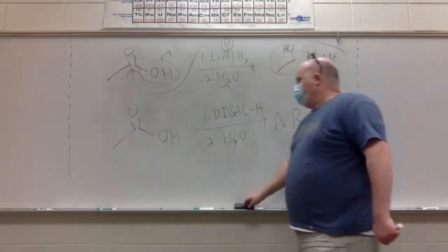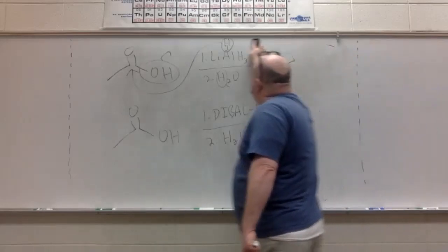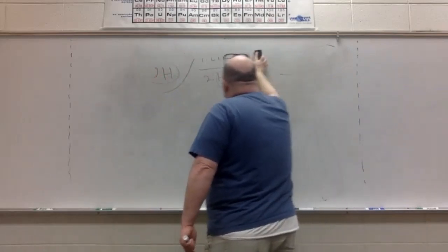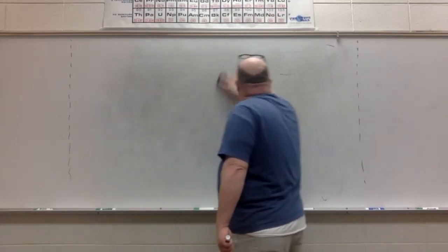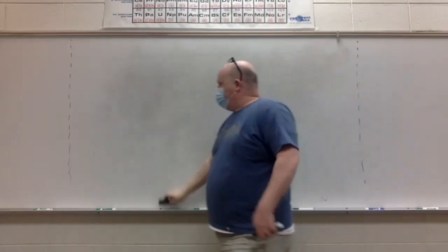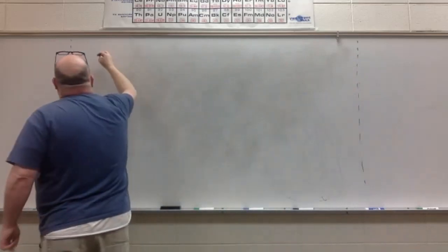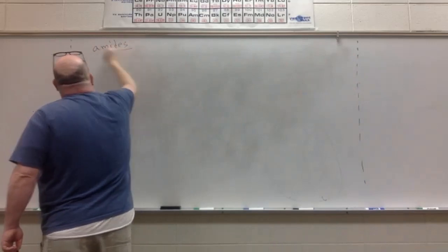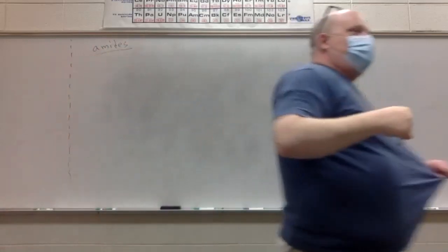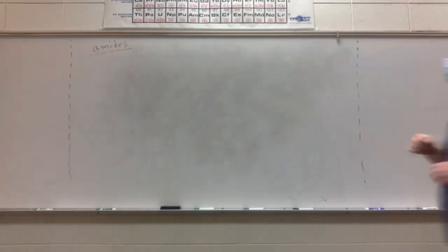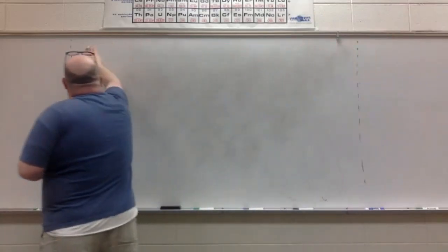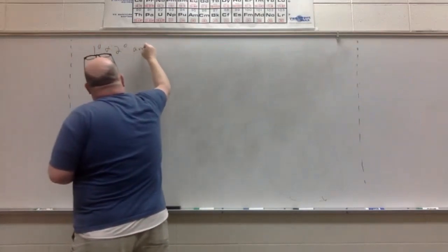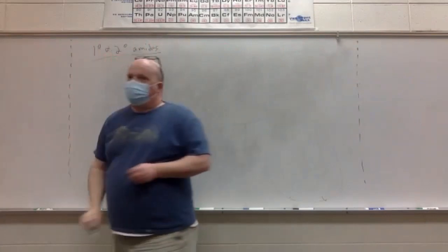All right, we're rolling right along here. Then we get to amides, and you're going to love this. Now, you can have three different types of amides: primary, secondary, and tertiary. What I'm about to show you works for both primary and secondary amides.